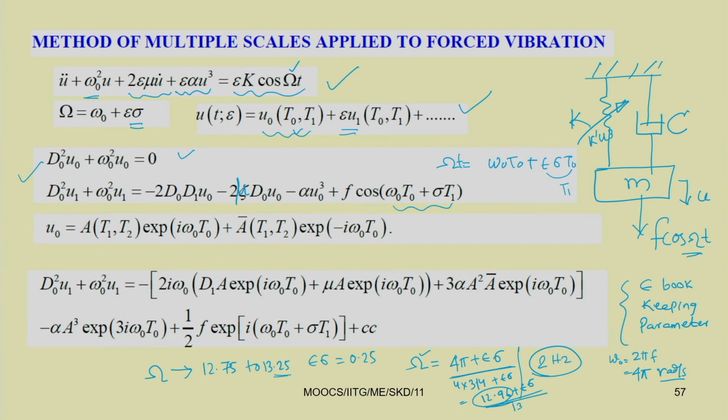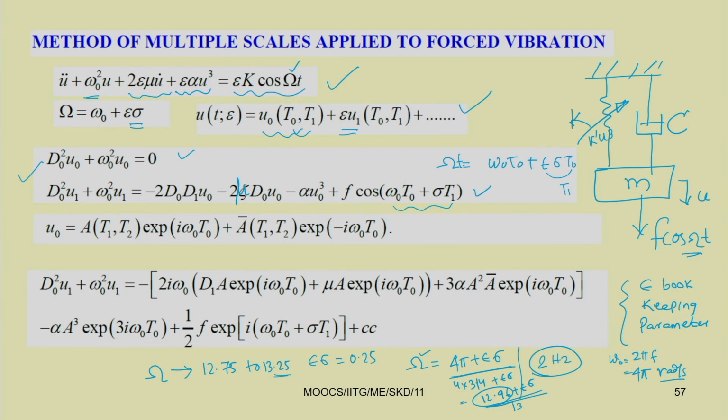Initially this a is not a function of t0, because for d0 square u0 plus omega 0 square u0 equal to 0, its solution a should not be a function of t0. Knowing this u0, you can now substitute it in this expression.